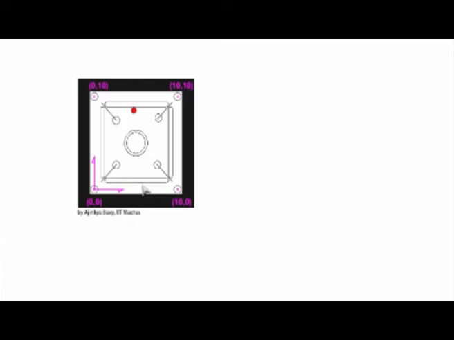That was just a repetition, but at this stage, in contrast to rectilinear motion, this is not a rectilinear motion. Why? Because firstly, to describe the motion characteristics of this carom coin, we need two variables as opposed to the single variable required in rectilinear motion. And why can we not describe it with one variable?